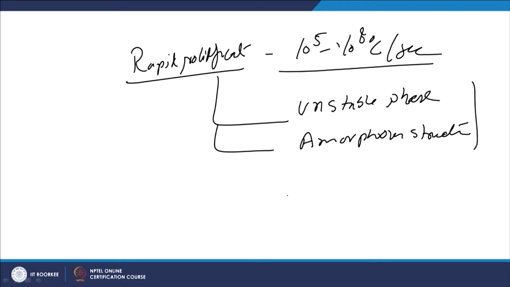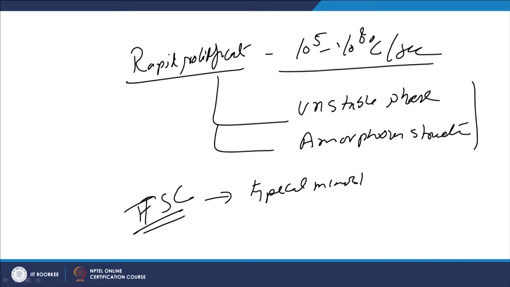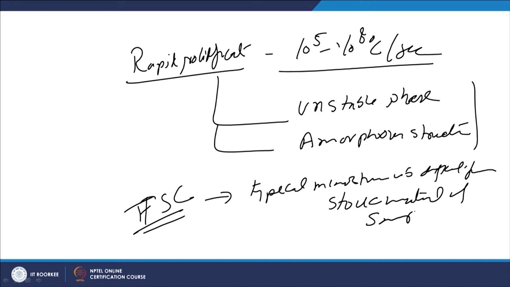And because of this, we do not find in the flame spray coatings or thermal spray coatings the typical microstructure; it is different from the stock material of the same composition, which may be in the form of, say, a rod or wire.